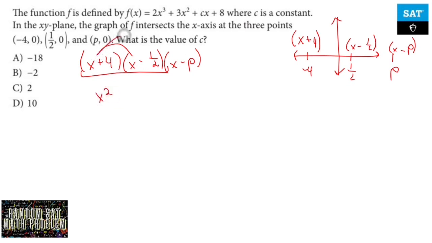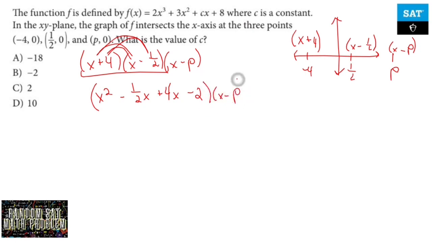I've got x times -1/2, which is -1/2 x. I've got 4 times x, which is 4x. And I've got 4 times negative a half, which is minus 2. All of that is going to be attached to x minus p.